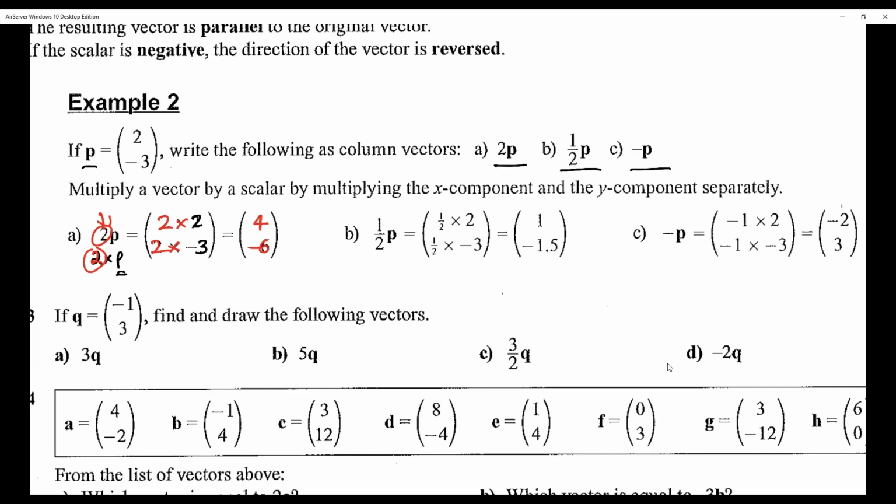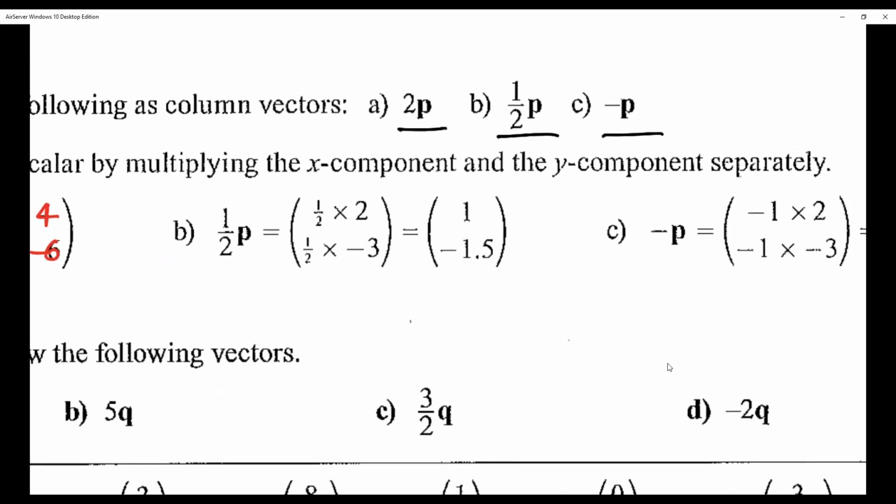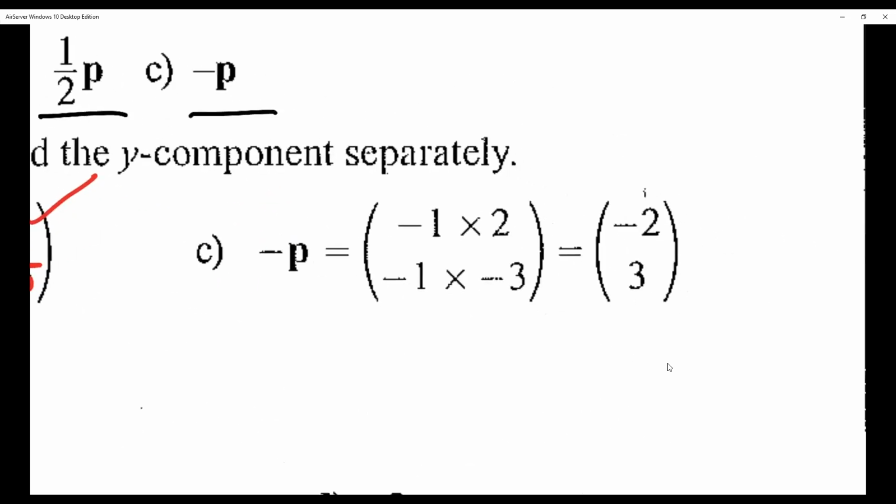Okay, lovely. Now, how would we do half a P then? So the P vector is still 2 and minus 3. Now we're multiplying it by what? A half each time. Half times by 2 is 1, tick. Half times by minus 3 is minus 1.5. So what would minus P be then?